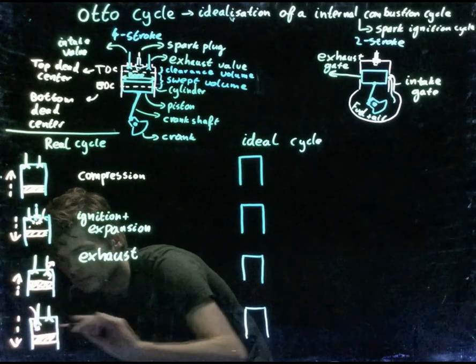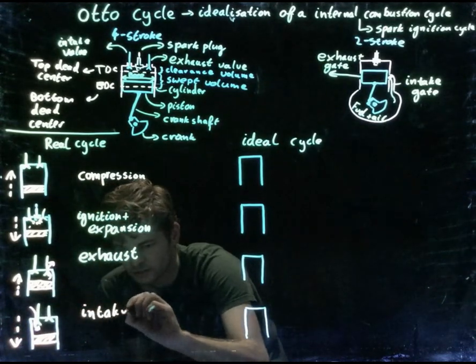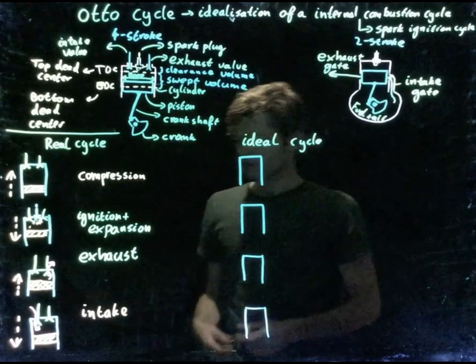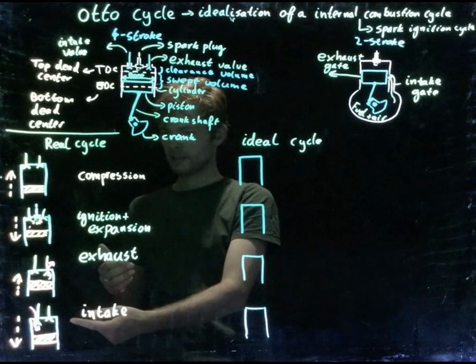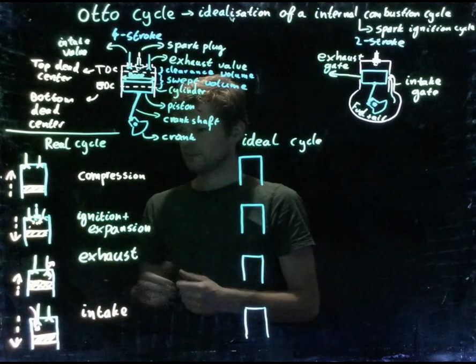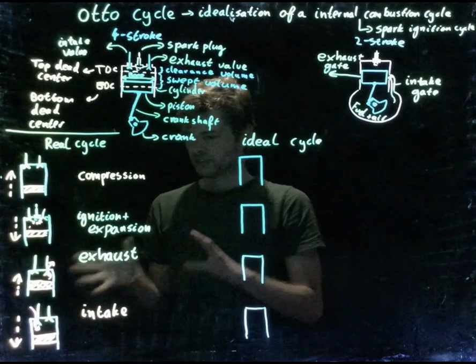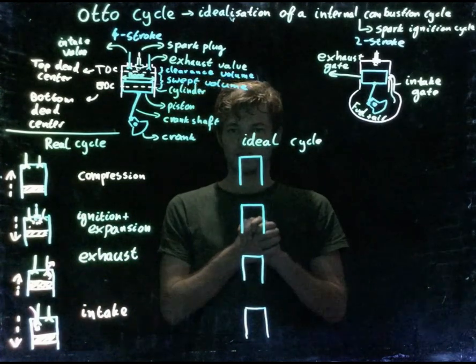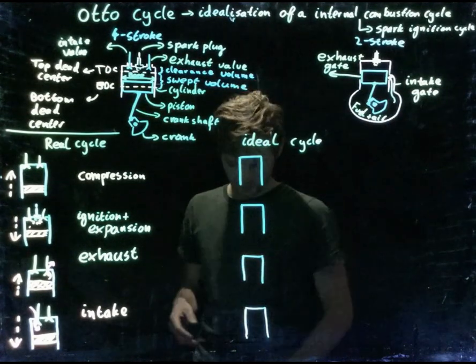And this is called the intake stroke. And of course, after this, the piston will move up again, and the whole cycle will start over and over. So this is the real gasoline or spark ignition cycle.